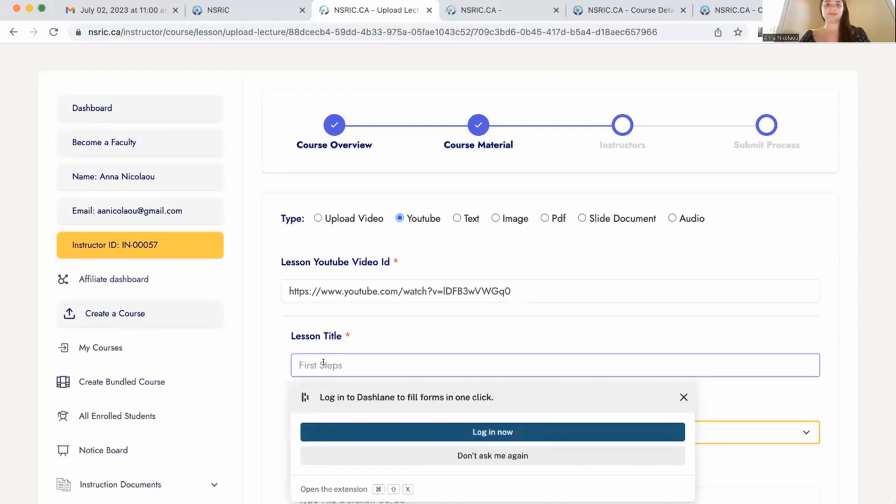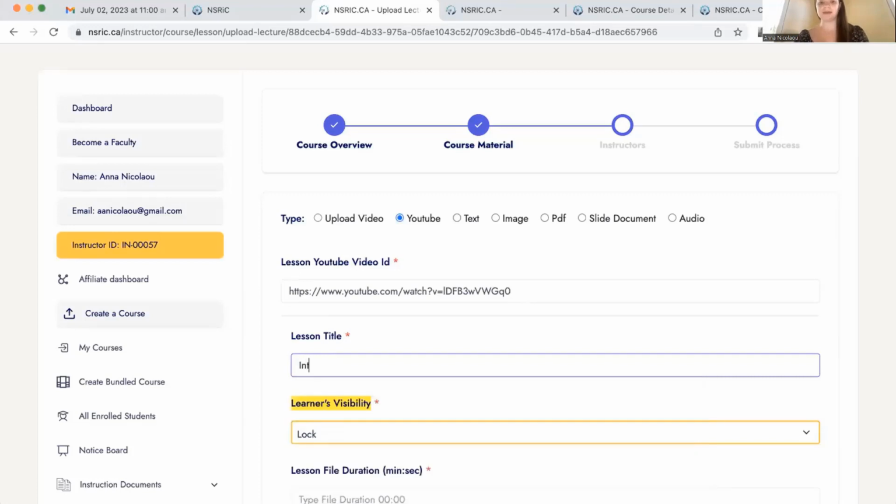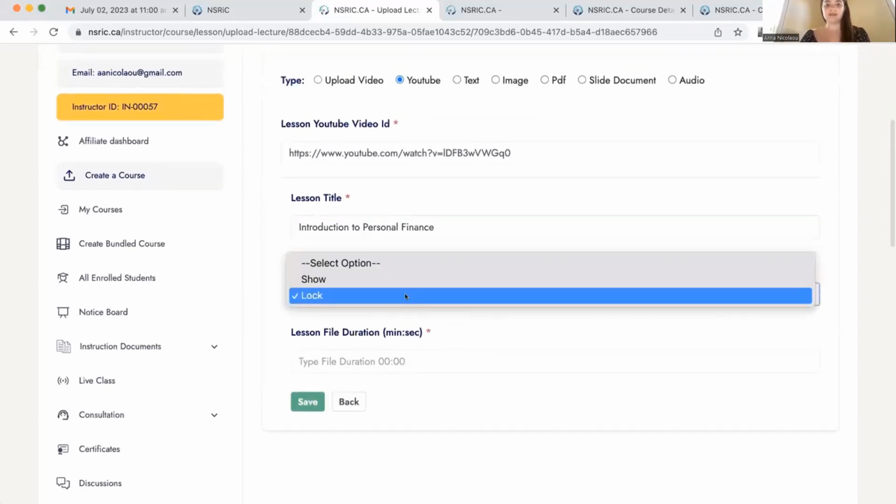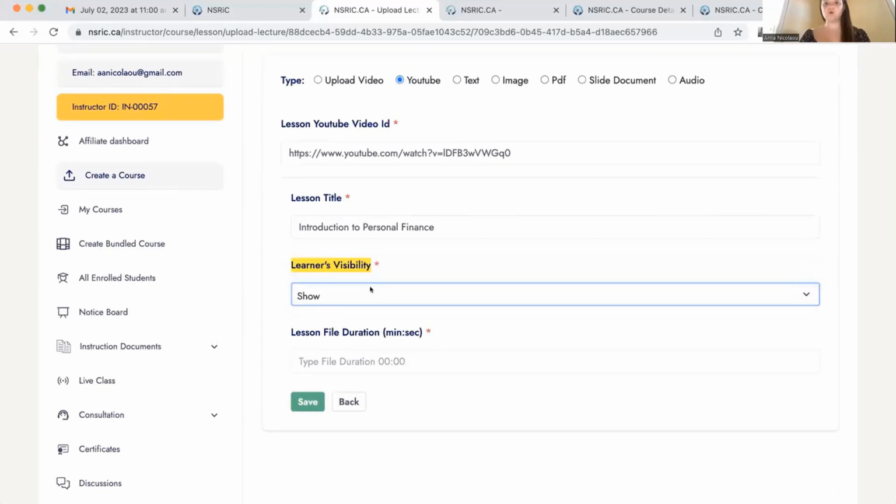So for example, let's say the topic for this one is Introduction to Personal Finance. I would put that in. And then learners' visibility could either be lock or show. So if you want them to see the video without having to purchase the course, you click show. Otherwise, you click lock. So in general, probably most of them will be lock.